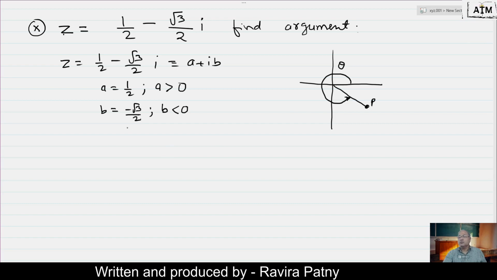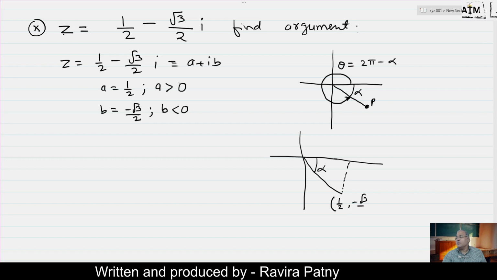So how to find theta here? Theta is nothing but 2 pi minus alpha. Let us call this angle alpha. To calculate alpha here, we draw the projection, and the point is 1 by 2 comma minus root 3 by 2.